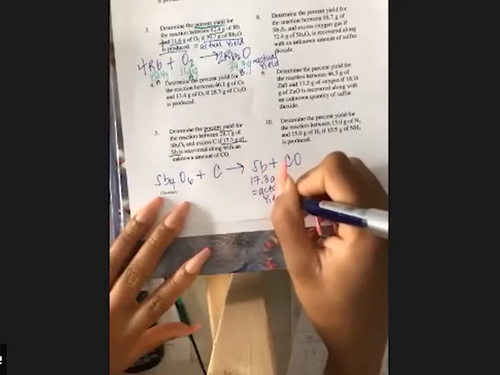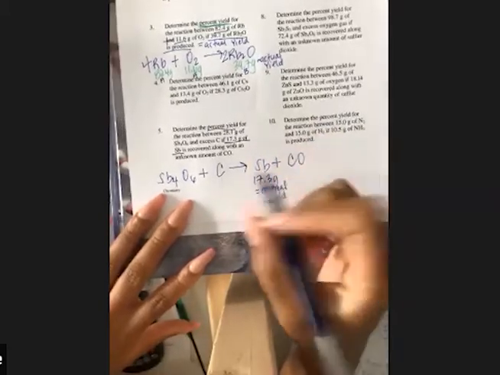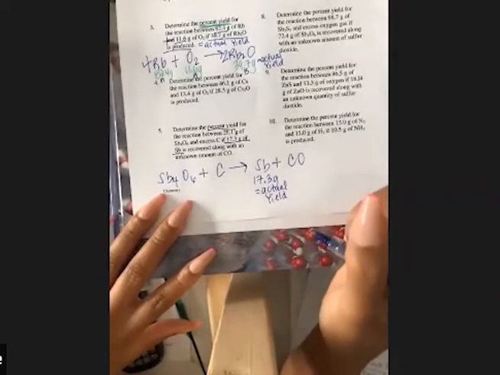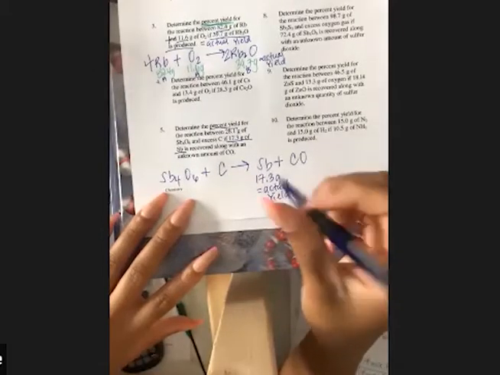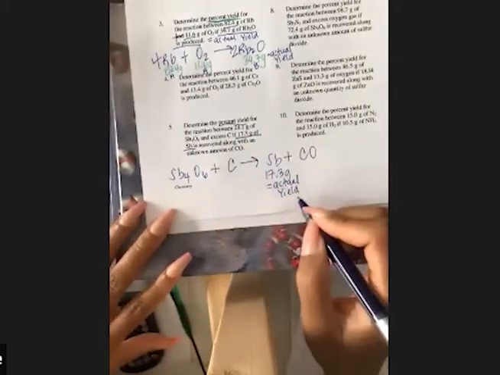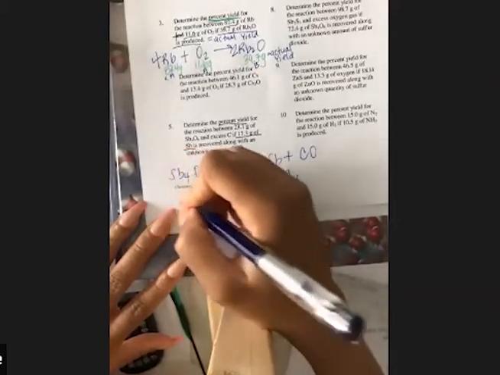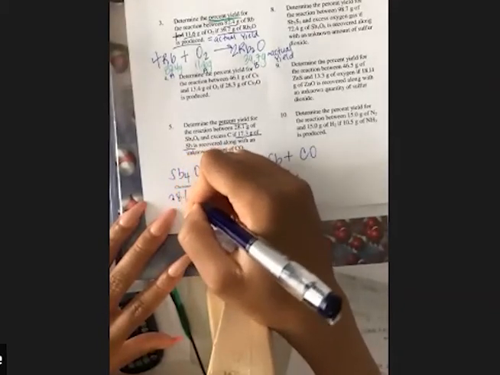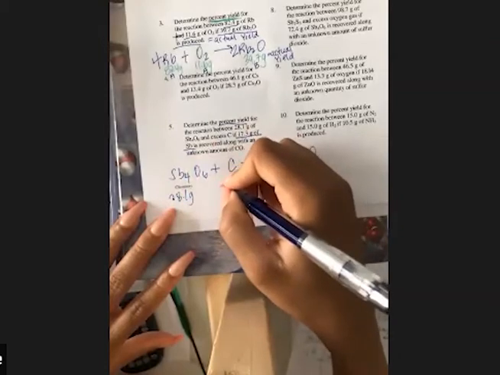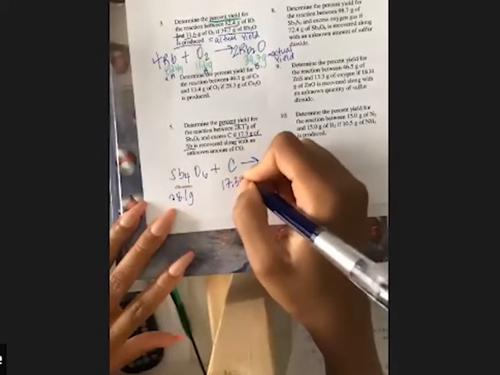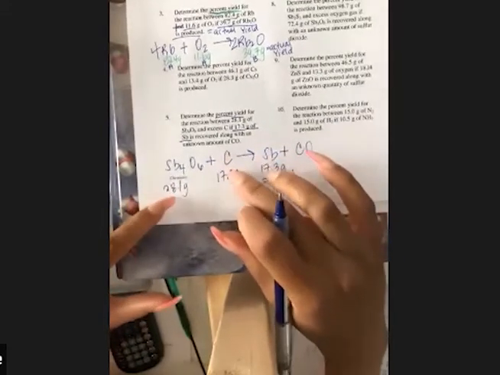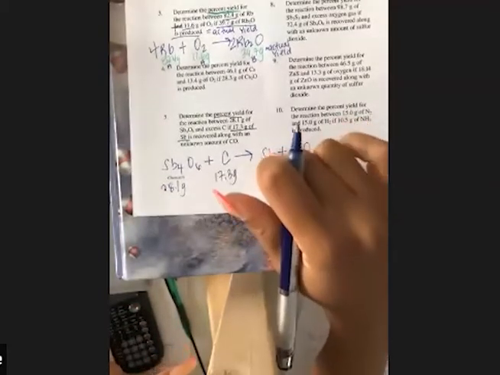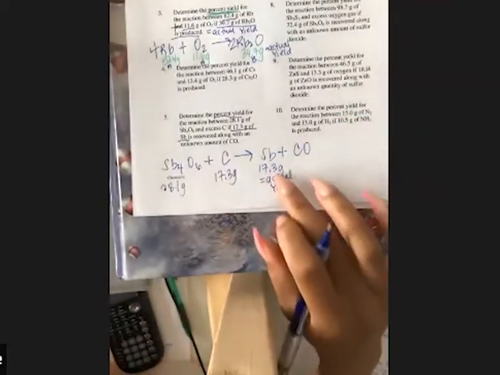We don't even really have to pay attention to the carbon monoxide. We only need it to properly balance the equation. So this is just like question number 3, where they give us the actual yield. We start off with 28.1 grams of the antimony oxide and 17.3 grams of the carbon. Then we figure out which reactant is the limiting reactant, how much it's theoretically going to make, and then we divide those two numbers.